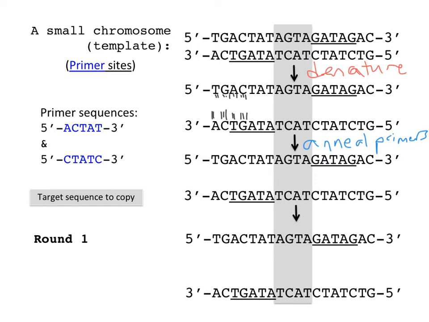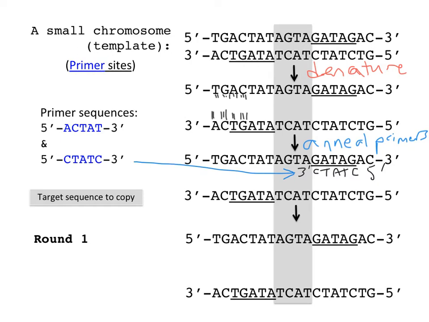Which primer is going to go here? It's going to be complementary to this single-stranded piece of DNA. Remember DNA is anti-parallel, so the 5' end of the other strand will be here. It'll be C, T, A, T, C, with its 3' end there. So that primer anneals there.